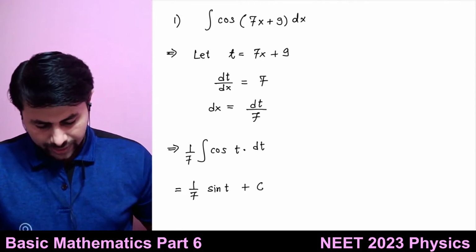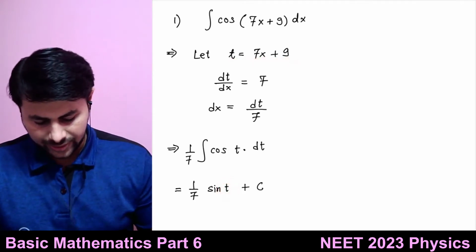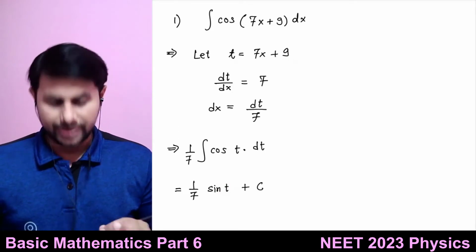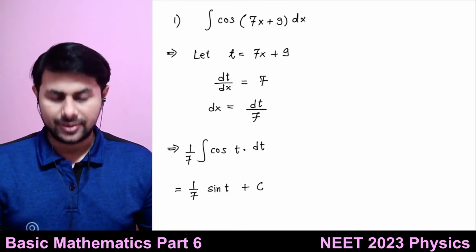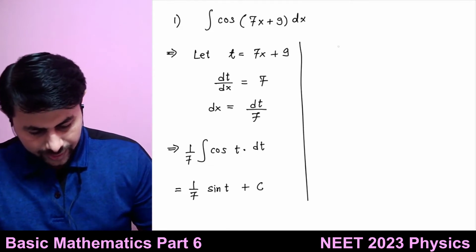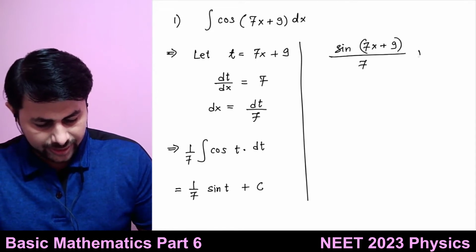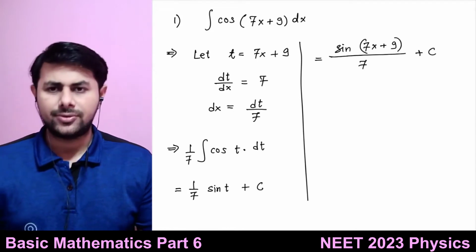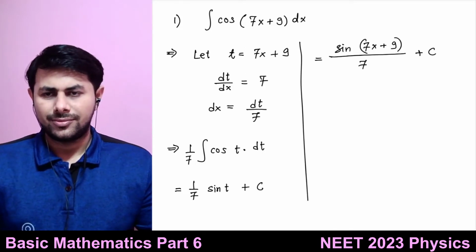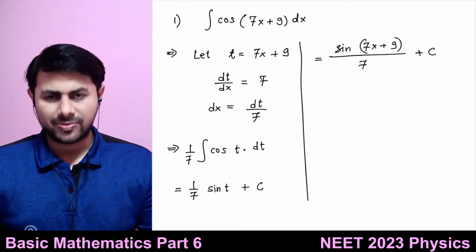And then what's our t? It is 7x plus 9, so we can substitute that. So it will be sine of 7x plus 9 divided by 7 plus c. Understood? Yes, sir.